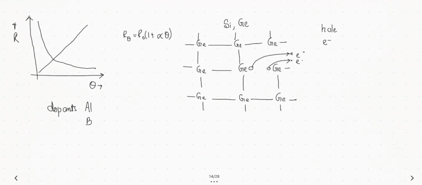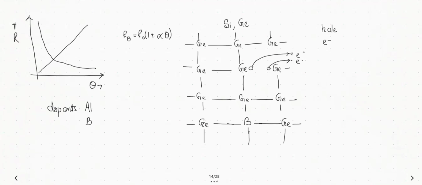Now think, in this germanium lattice I have just placed one boron here. Okay, let me draw. Now boron uses its electrons in the valence shell, creating covalent bonds with all the adjacent germanium atoms.